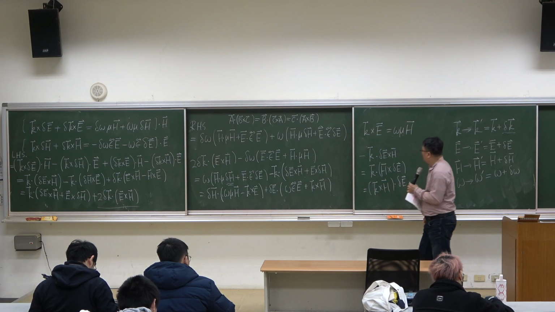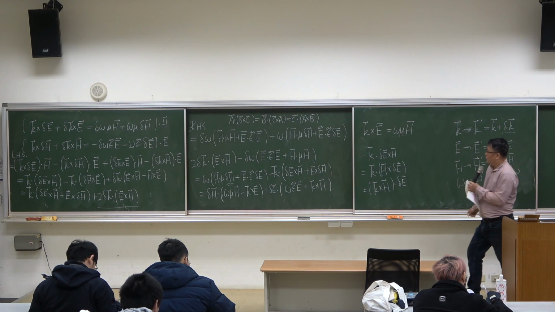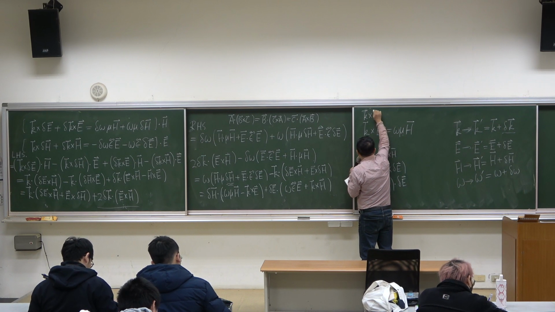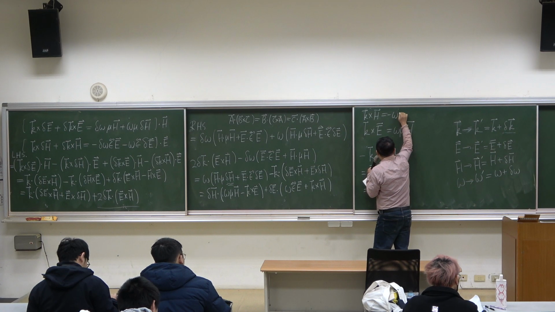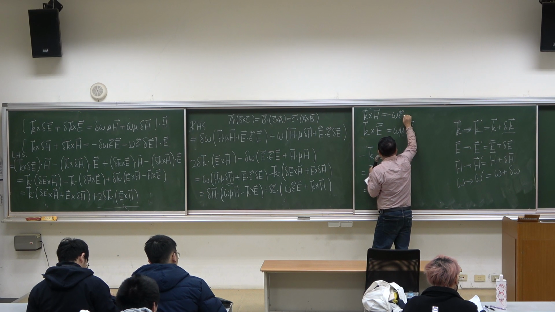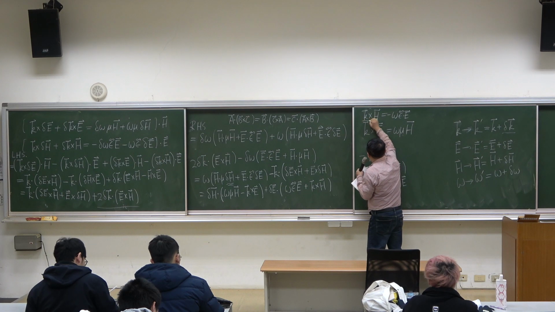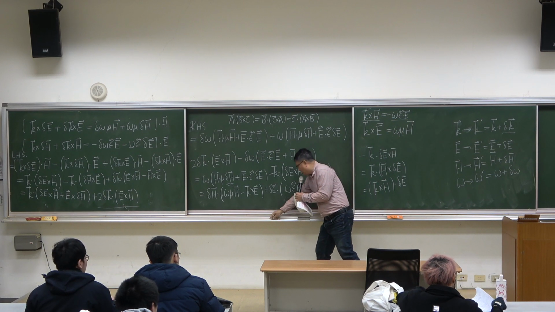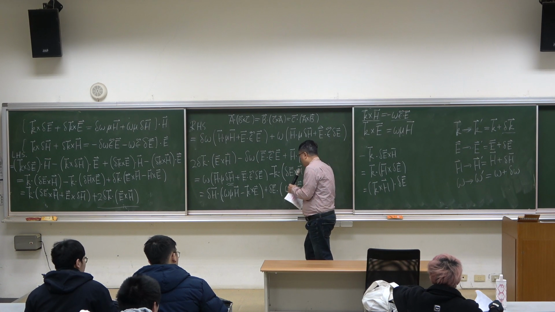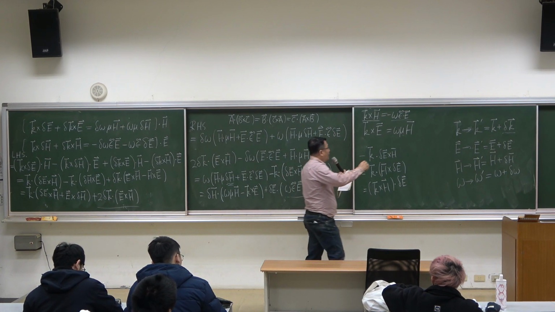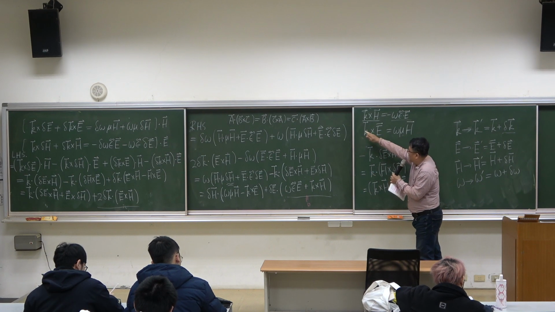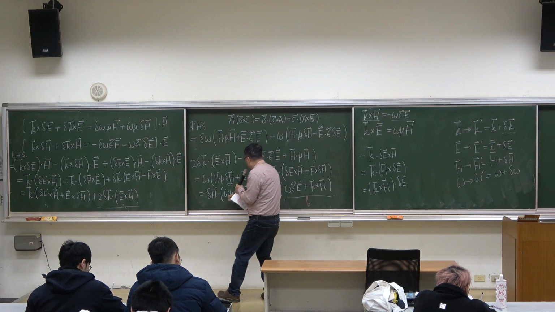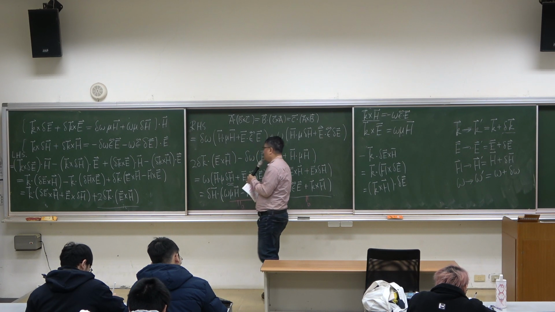Okay. So according to the Maxwell equations, k cross H plus omega epsilon E is equal to 0, and k cross E minus k cross E plus omega mu H is also 0.